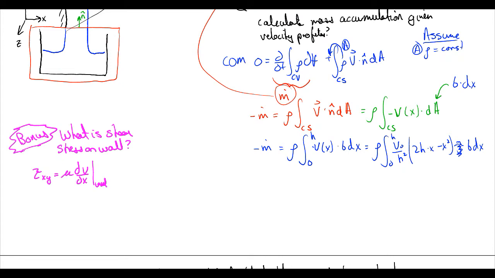Negative m dot is equal to rho times, well, we're going to pull the negative sign outside. There's a negative sign there.